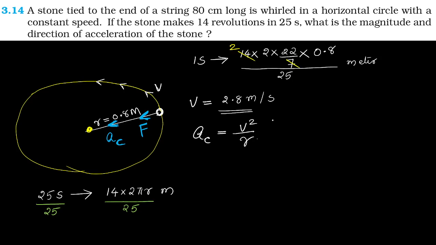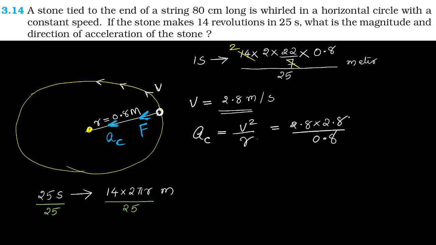Acceleration: v I have found 2.8. So v square will be 2.8 square by r. r is the radius, which is 0.8. Calculation you can do after the class, okay? Because if I discuss the calculation, it will take time. You can do the multiplication, division, etc. after the class.